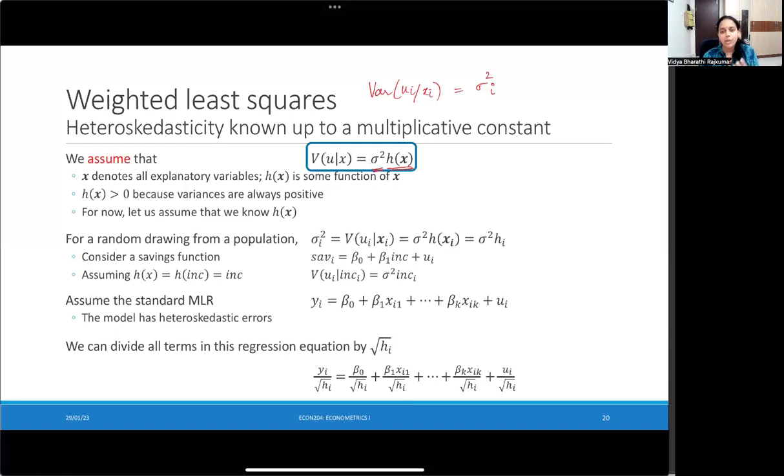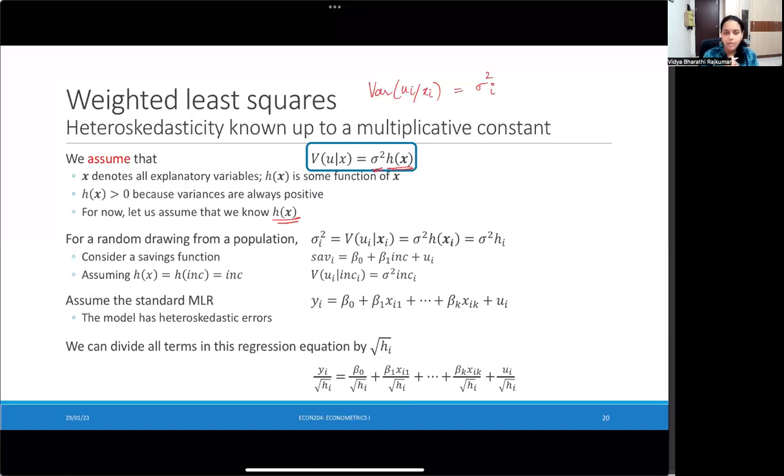So now I've been able to rewrite my variance as a functional form of x. As x varies, my variance will also vary. Now we're going to assume that we know what this functional form is. We know what this h of x actually is. We have an expression for that. And we'll see an example in just a moment.